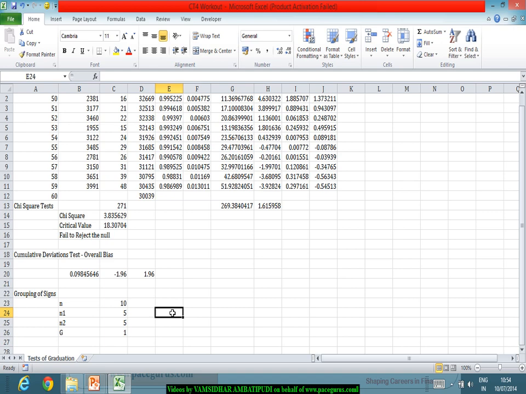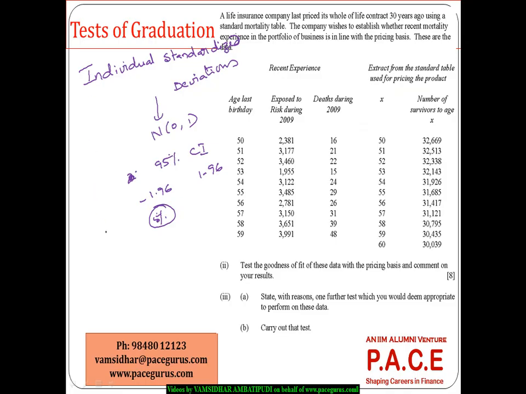If there is only one change, what is the probability of that? I can use this formula: the probability of that occurrence is (n1 minus 1 C t minus 1) multiplied by (n2 plus 1 C t), divided by (n C n1), the total n C n1.